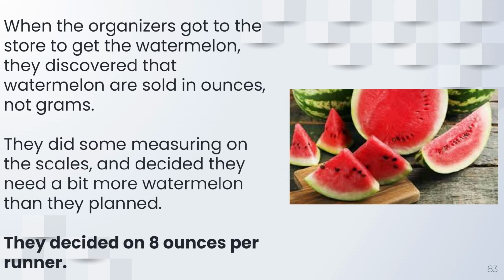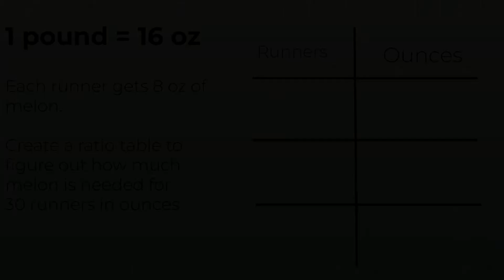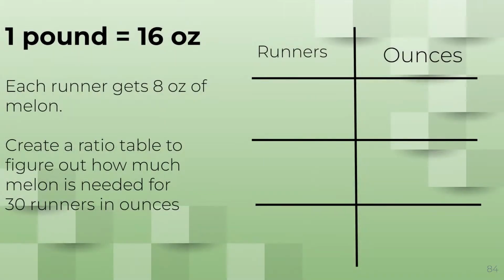So now they're looking at 8 ounces per runner. So we know that 1 pound equals 16 ounces. So if each runner gets 8 ounces of watermelon, let's create a ratio table to identify how many we would need for 30 runners. So one runner is 8 ounces.